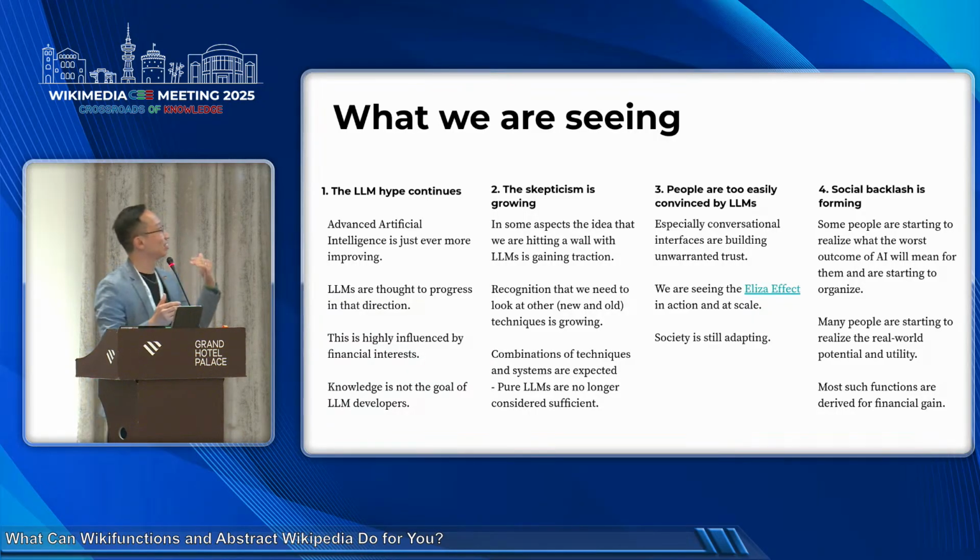So society is still adapting, right, to LLMs and how to live or use LLMs in their day-to-day life or even work life as well. What is interesting is point 4, that we have observed that a social backlash is forming, right? Some people are starting to realize what the worst outcome of AI will mean for them and are starting to organize and mobilize and come together.